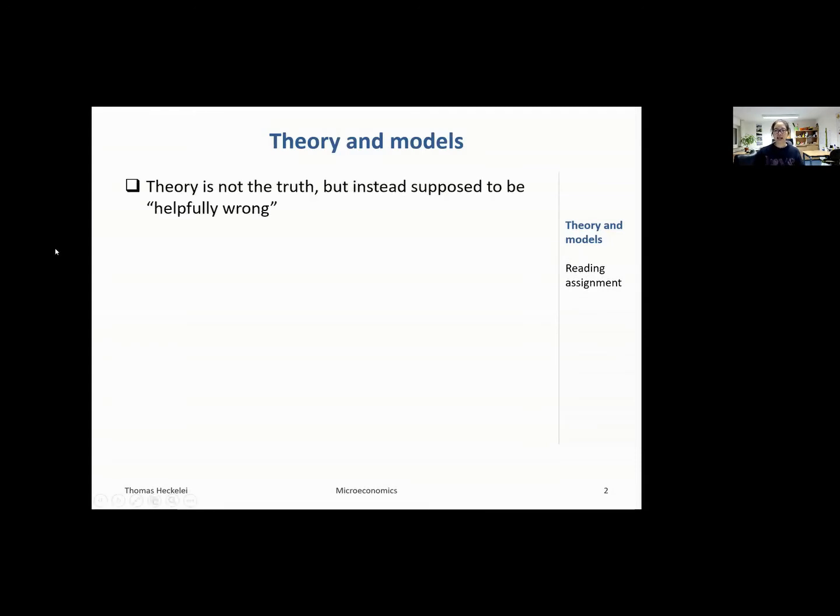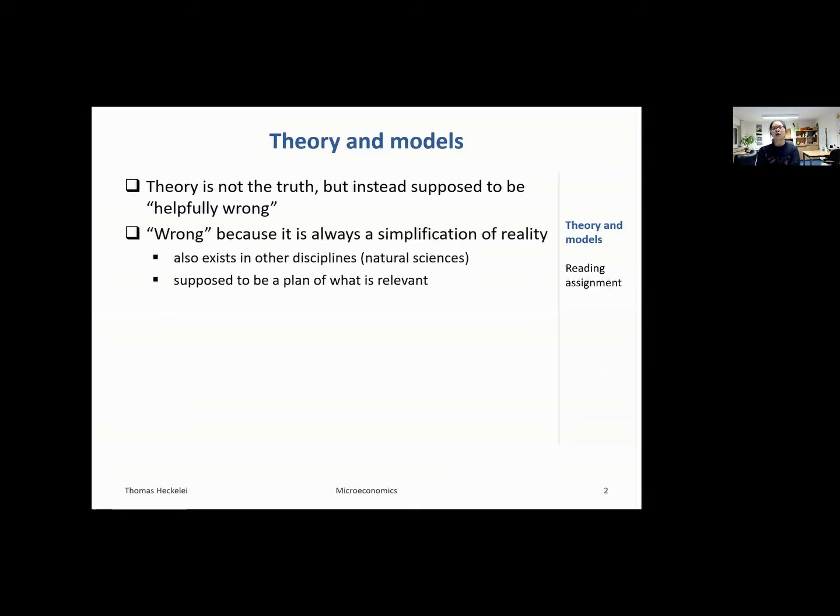There's a saying that theory is not the truth, but supposed to be heavily wrong. And why wrong? Wrong because it's not the reality, but always a simplified version of reality.